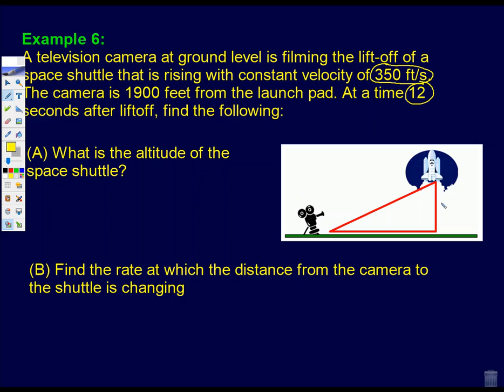So a little bit of quick math here. If it's climbing 350 feet per second for 12 seconds, we're going to take the speed times the time and get the distance. And that's 4,200 feet.